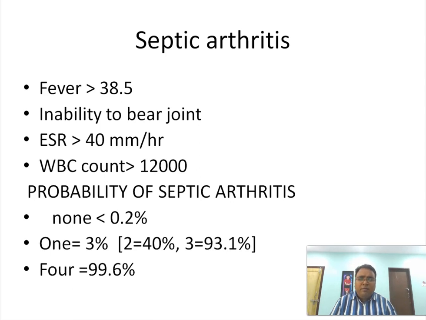When all four are present, the probability of septic arthritis is around 99.6%. If CRP is also elevated, the probability is even more, though not 100%. So Koch's criteria is used to diagnose septic arthritis.